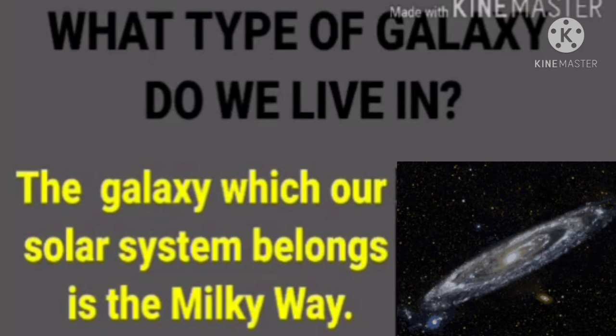You live in your neighborhood, and all our neighborhoods are part of a bigger city, in this case Benin City. I think you understand it very well. So a neighborhood is part of a bigger city, and a solar system is part of a bigger galaxy. So what type of galaxy do we live in? The galaxy which our solar system belongs to is known as the Milky Way galaxy. You can see the image before you.